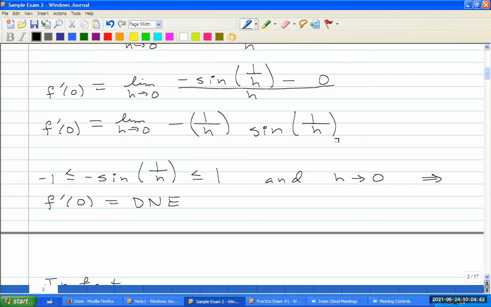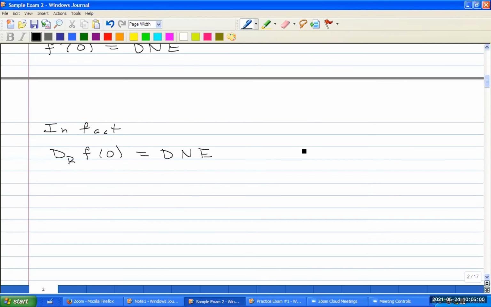And so even if h were greater than 0, this would be going towards negative infinity, but it is going to oscillate between plus and minus infinity. So this is not going to exist, and neither will the left side derivative.